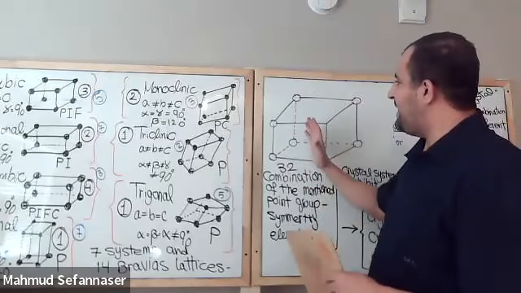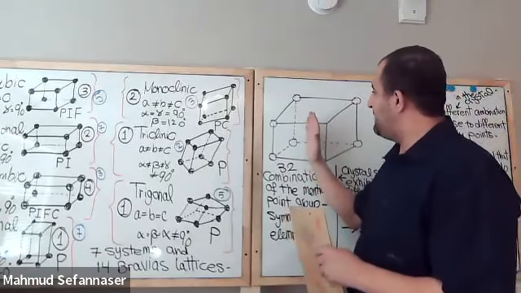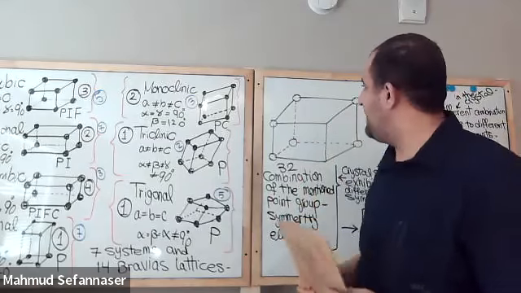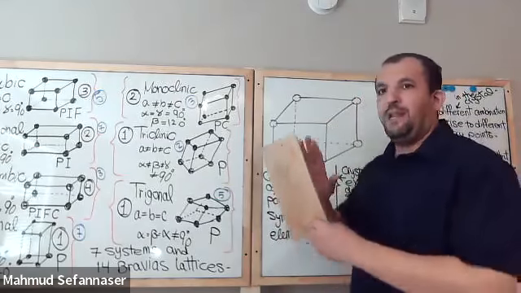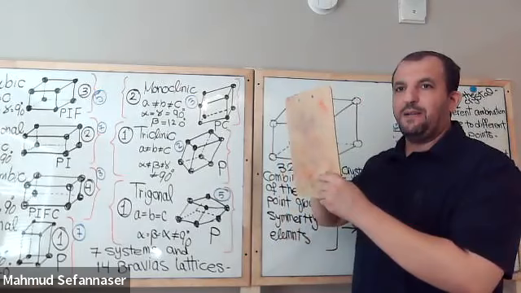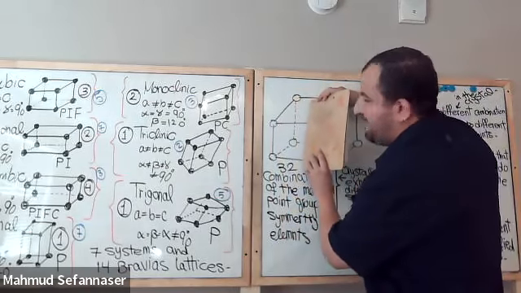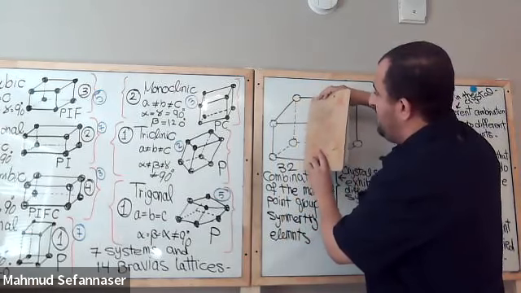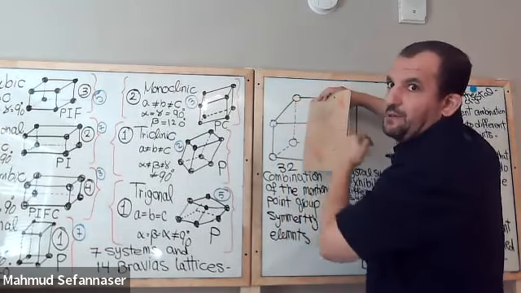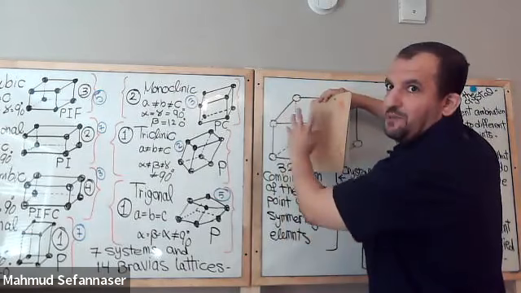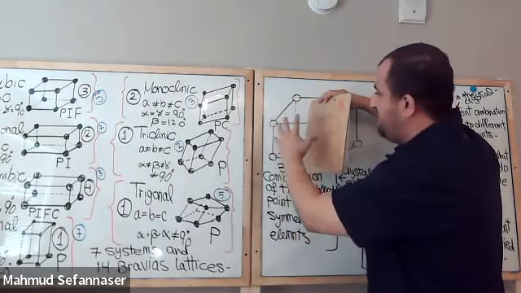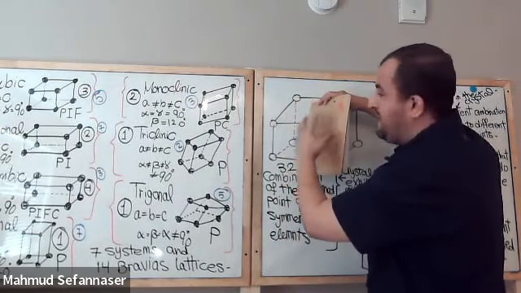So if I come to this crystal, this unit cell, and let's assume that I have a mirror right here, and I put the mirror exactly right here. What will I see on the other side? Actually, I will see the same picture. There is no difference. The same image.